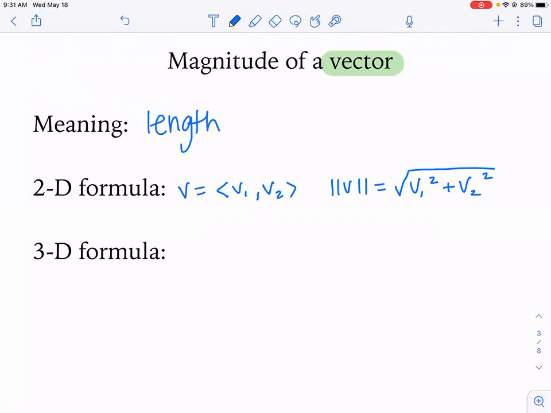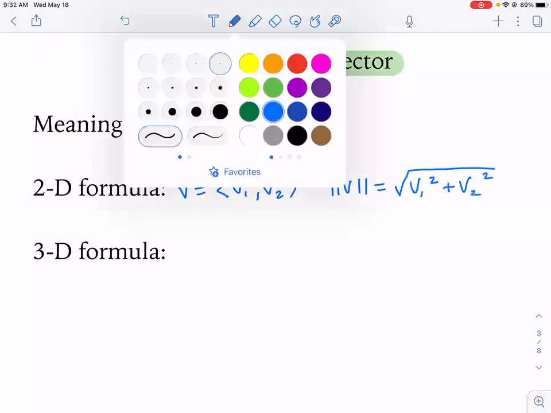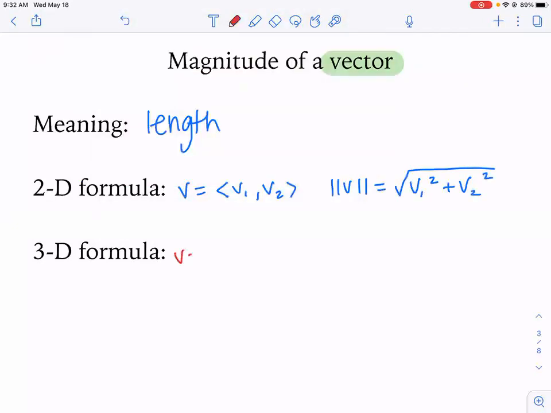And it's based off of the Pythagorean theorem, which is also based off of the distance formula. Ooh, okay. So when we are in 3 dimensions, if we have a vector that has 3 components, then the magnitude of our vector, we're going to find it the same way. We just have a 3rd dimension. v1 squared plus v2 squared plus that 3rd dimension squared.